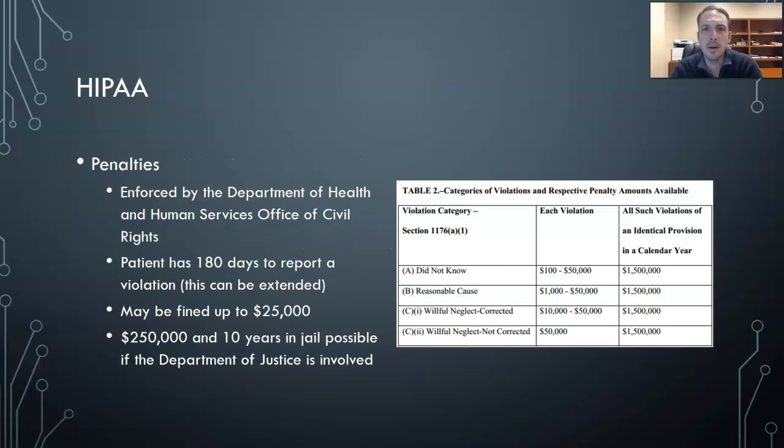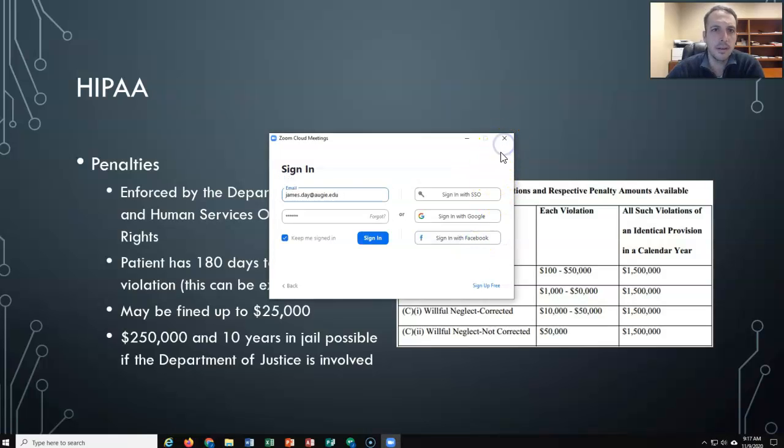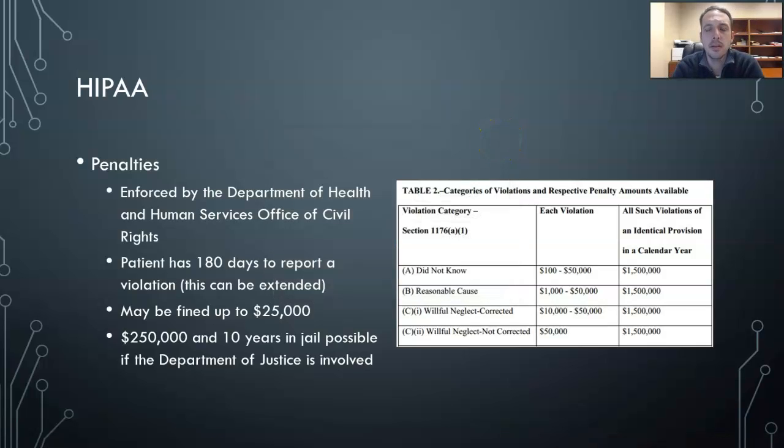And then lastly, because the amount of HIPAA information and HIPAA-regulated entities is so vast, it's very difficult now to, in fact, catch everyone.